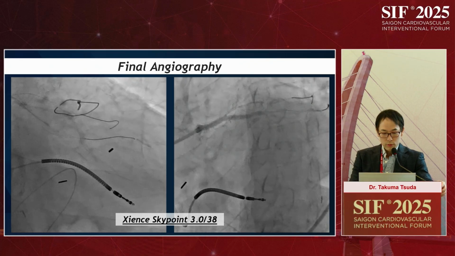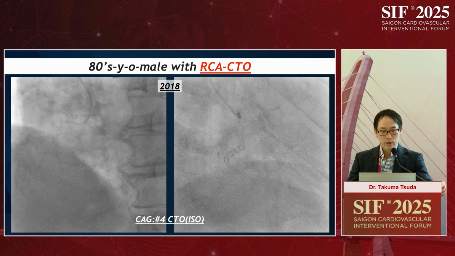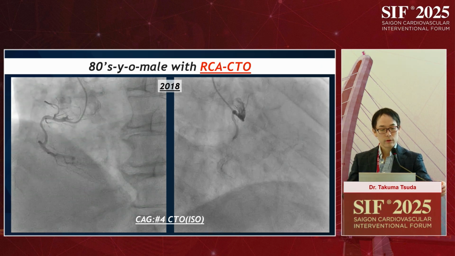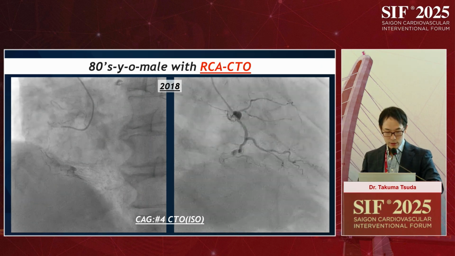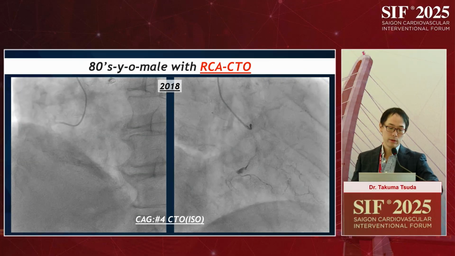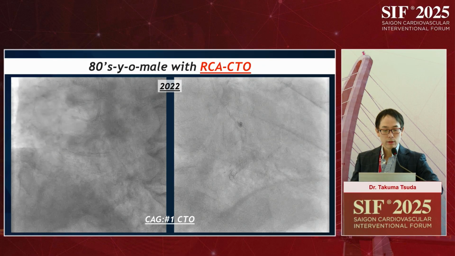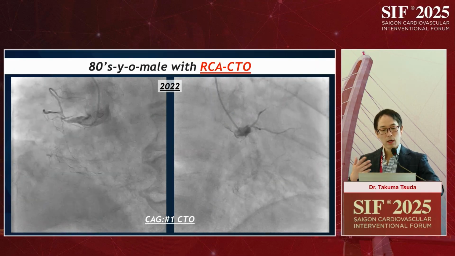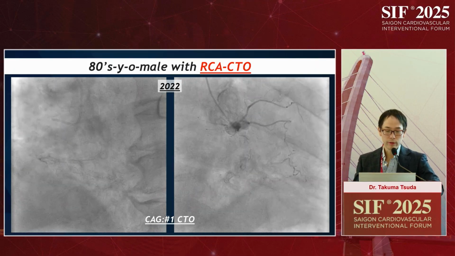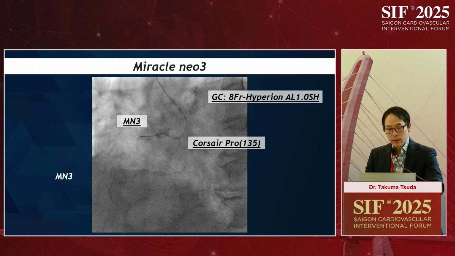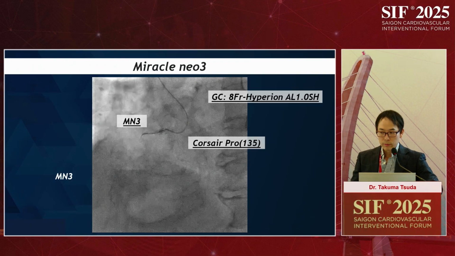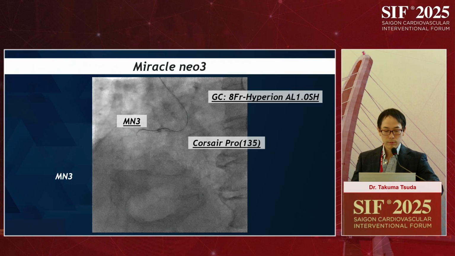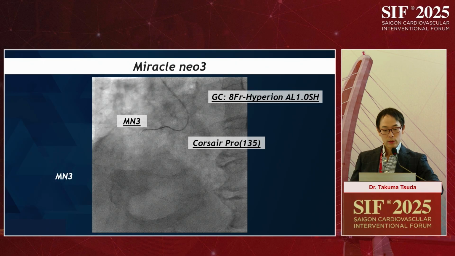So the third case is the RCA CTO case. In 2018, this case had a distal CTO, but in 2022, the CTO expanded more to the proximal RCA. So anyway, this CTO is so long, so I performed the escalation initially with the Miracle Neo 3, a very safe guide wire.